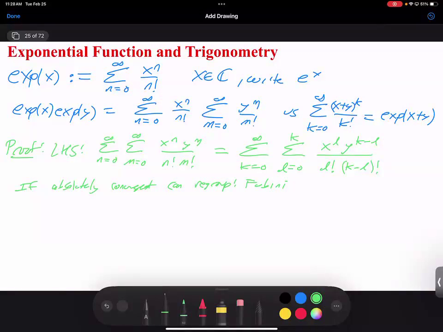So now we have it equals the sum, k goes from 0 to infinity, the sum, L goes from 0 to k. And then I'm going to put the L factorial, k minus L factorial here, x to the L, y to the k minus L. So is everybody comfortable with what I'm doing? I want all the x's and y's such that the sum of the exponents is k. And so if I have L x's, I have to have k minus L y's.